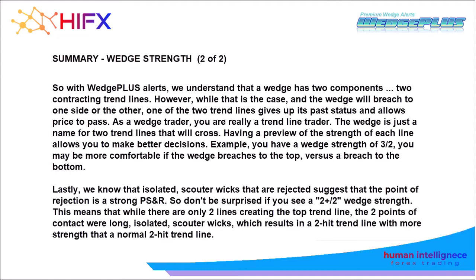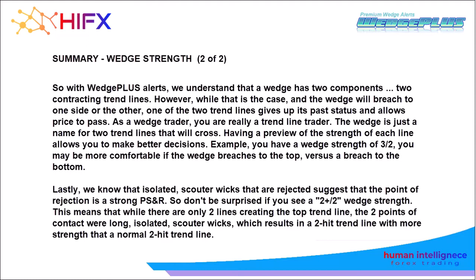The scouter wick goes out. The support and resistance line is so strong, it has a magnetic ability. That scouter wick reaches out with that magnetic pull to tag that trend line. But the trend line is so strong, it says, come on, I want you to tag me, but you ain't getting past me. So it rejects that wick. That's a good sign of rejection. That's a good sign that that is a strong support and resistance.